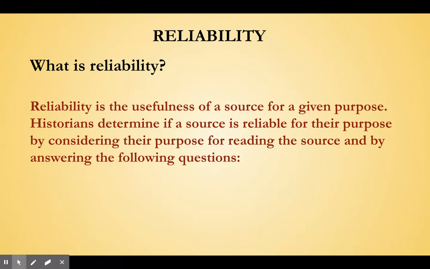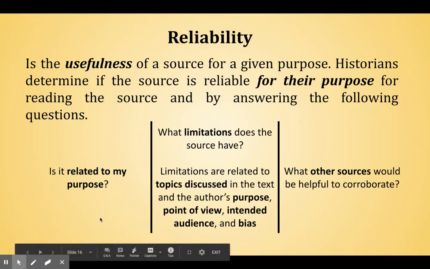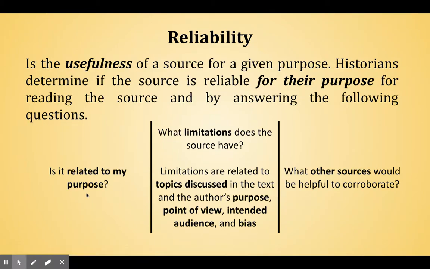So before you determine if something's reliable, you have to first know why you're reading that particular source and what the writer was thinking when they wrote it. So you have to ask these questions. All right, is the source related to my purpose? Okay. So does the source actually have something to do with what I'm investigating in history?